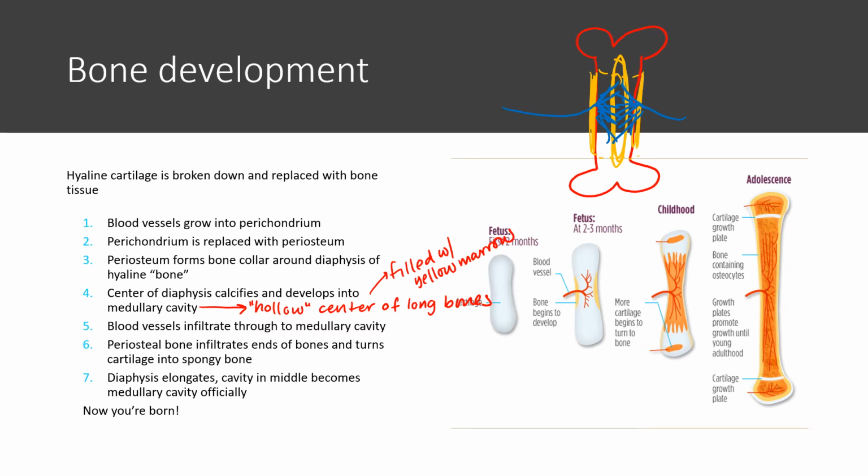Okay? Periosteal bone. What's periosteal bone, you think? Yeah, exactly. It's going to be the bone that's around the outside, basically wherever you would find periosteum. That's going to start to infiltrate the ends of the bones.